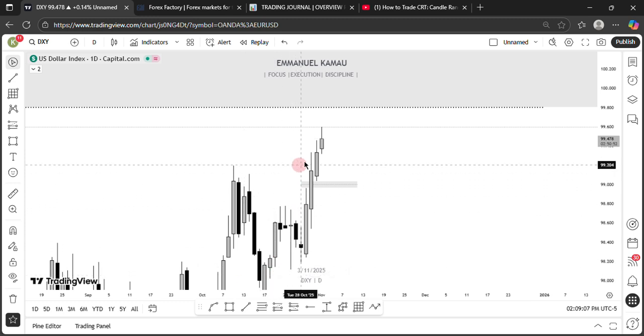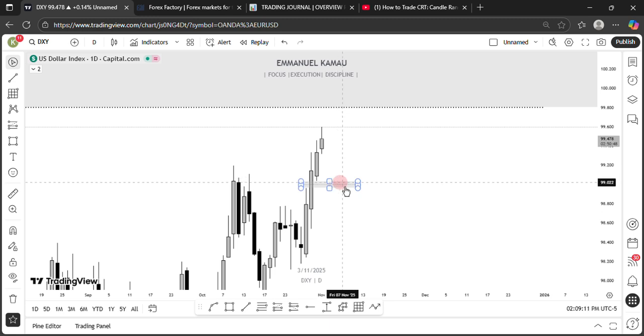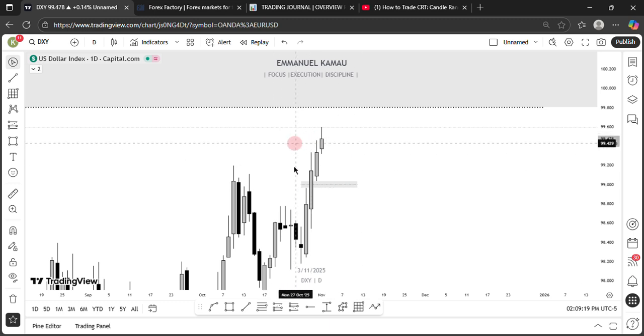So maybe the market can come on Tuesday or Wednesday, form the low of the week and then distribute higher, or we can just find some point of interest at this point that will support our bullish momentum. So that is on 1 day.